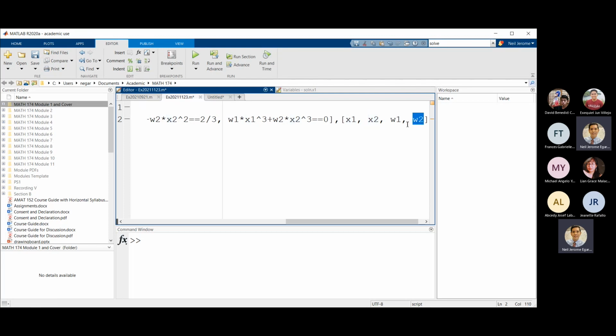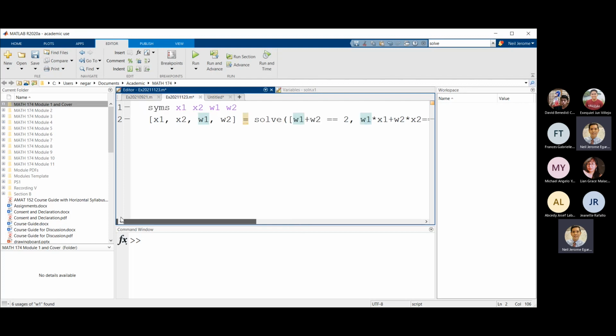Pang-apat na output niya ay si w2. Para yun din yung corresponding ordering ng pag-assign natin ng values dito. Okay? So kaya dapat crucial yon. Yung order dito dapat kaparehas ng order dito sa loob. Okay? Because x1 will be assigned to x1, x2 will be assigned to x2, w1 will be assigned to w1, and so on. Because here you could have chosen a different set of variables.